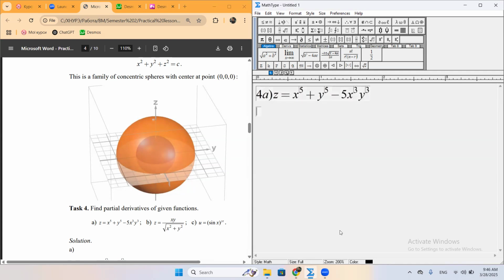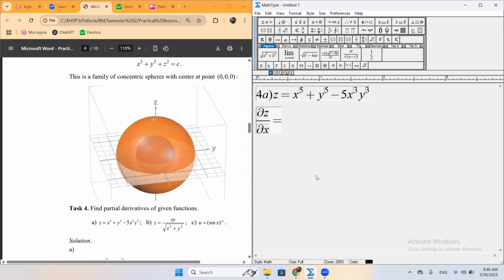Let me remind you how to find partial derivatives. When we differentiate by one variable, for example x, the other variables, y in this case, we just suppose them to be constants. And what happens with constants? They are differentiated to 0.